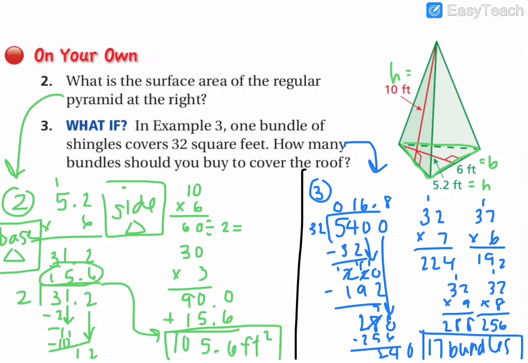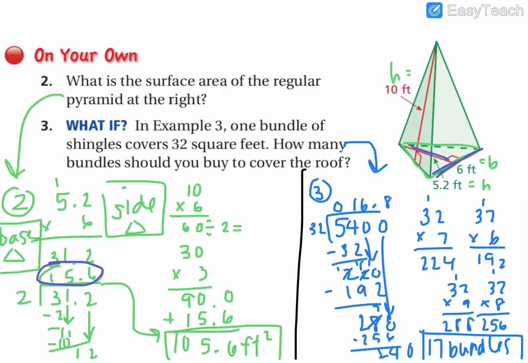Okay, so number 2 was really tricky because again, I feel like triangular prisms are probably the hardest. And so I'm looking at the base first, and I've got 5 2/10 times 6, and then I'm going to cut that in half, so that is what gave me the 15 6/10 right here.